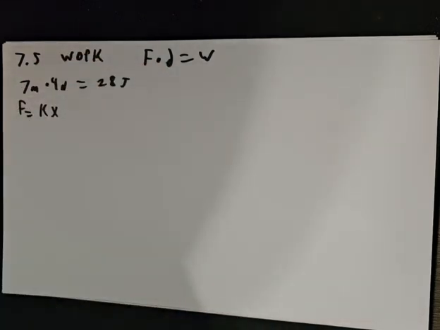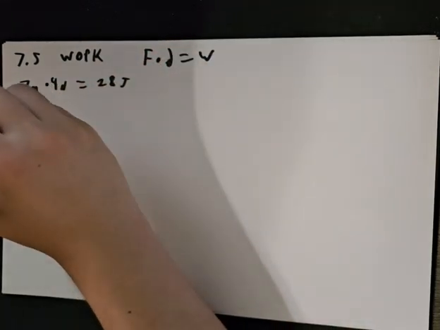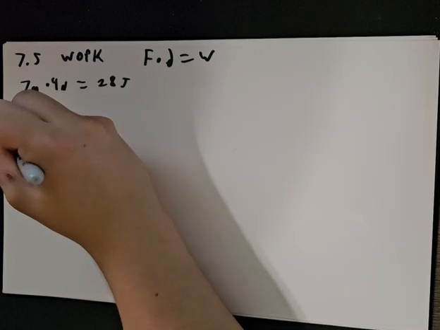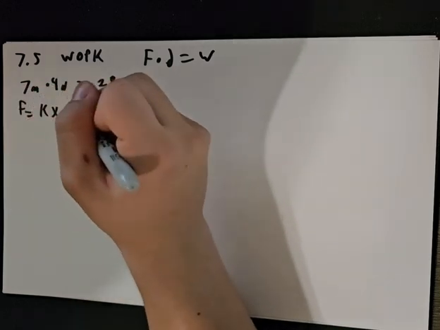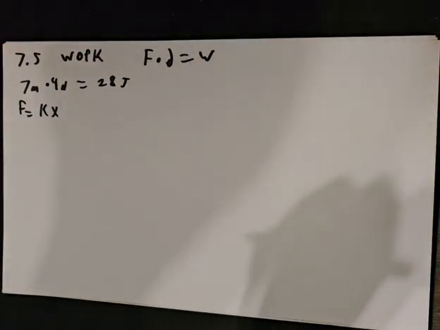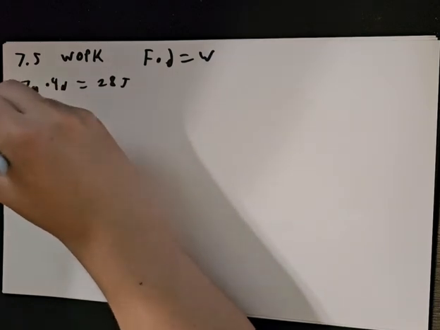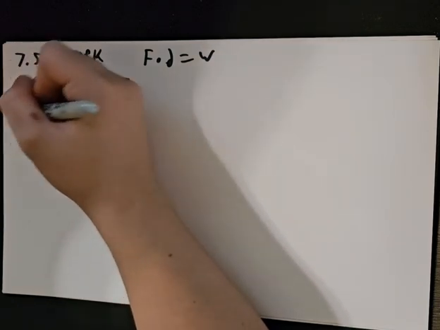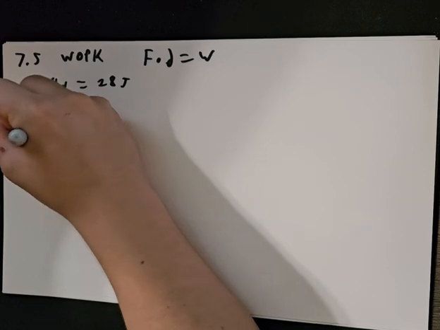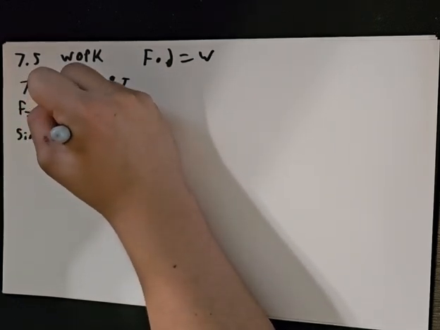For example, say a spring is compressed about 5 inches, right? So the spring is compressed 5 inches, and it takes 500 pounds.